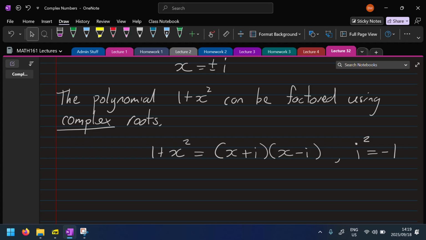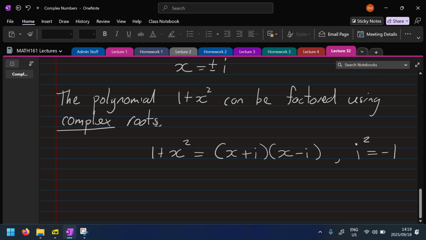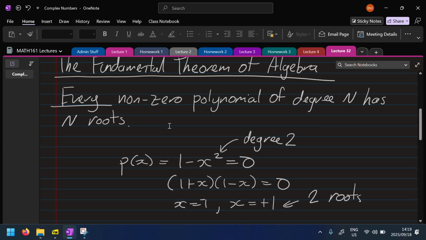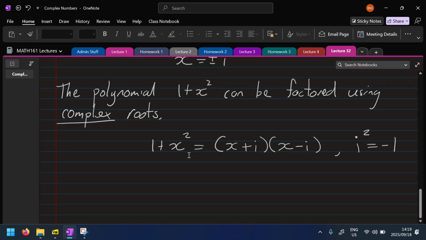You're all good. Okay, so we're going to make a slight modification to this fundamental theorem of algebra. Here we said it has n roots. We're now going to specifically say it has n complex roots, and that includes the real roots. Every real number is a complex number. Not every complex number is a real number.